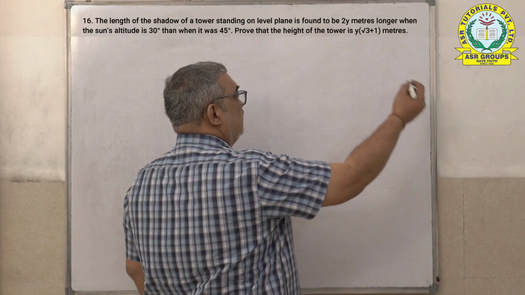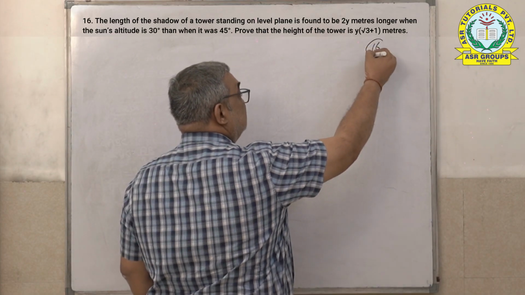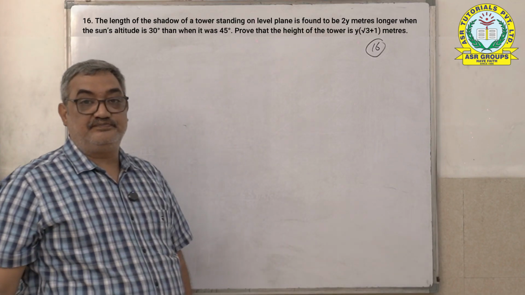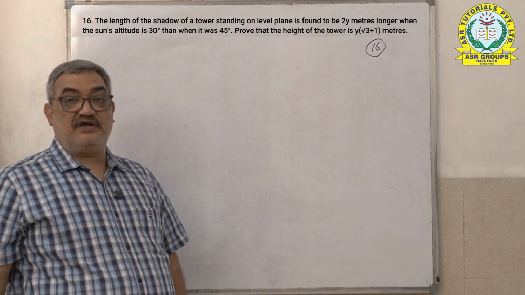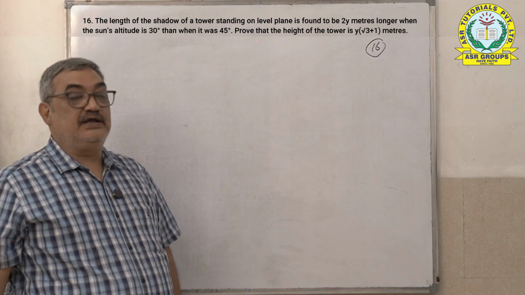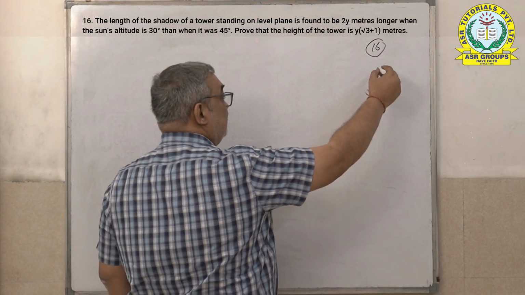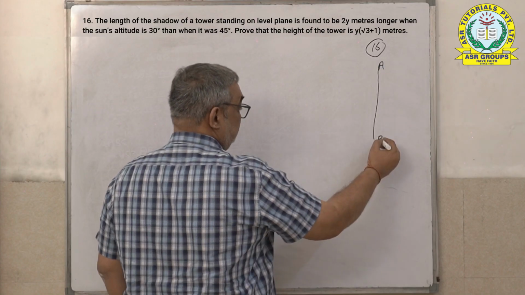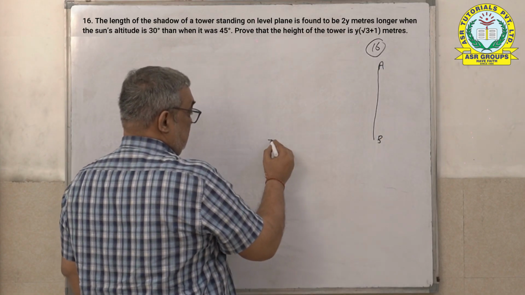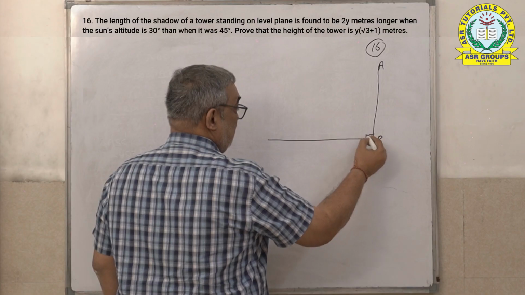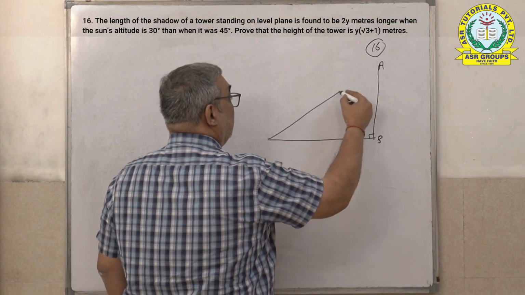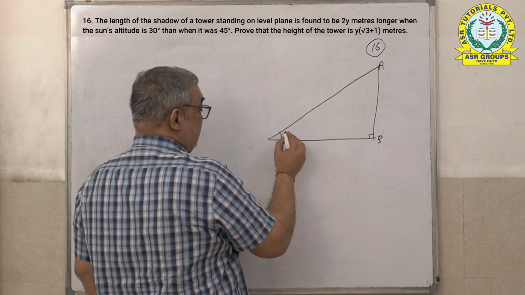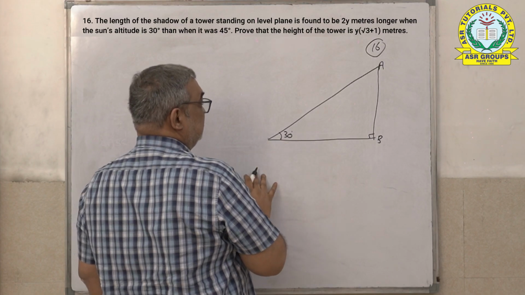Now, sum number 16. This one is very important. It's a sum proof. This is tower. Here, angle of elevation is 30 degree.